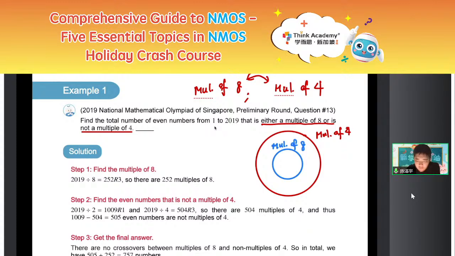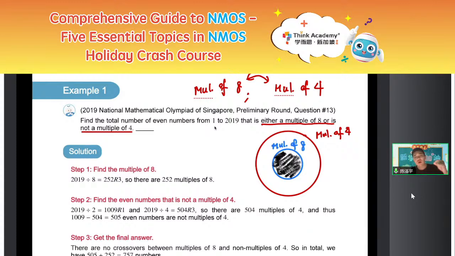We are looking for numbers that are neither a multiple of 8, so the first condition, would be everything inside the middle circle, or not a multiple of 4. Now, what kind of number on our diagram would not be a multiple of 4? Every multiple of 4 is inside this red circle.